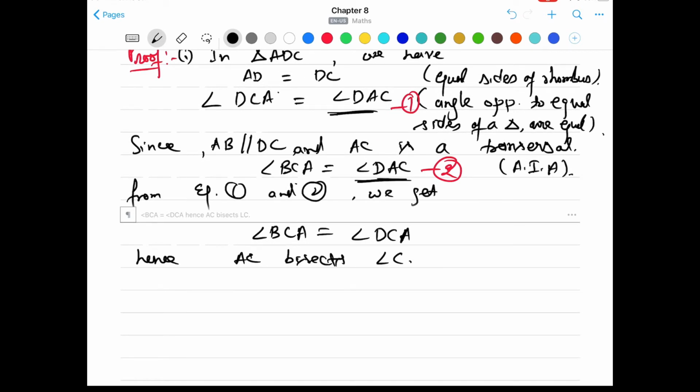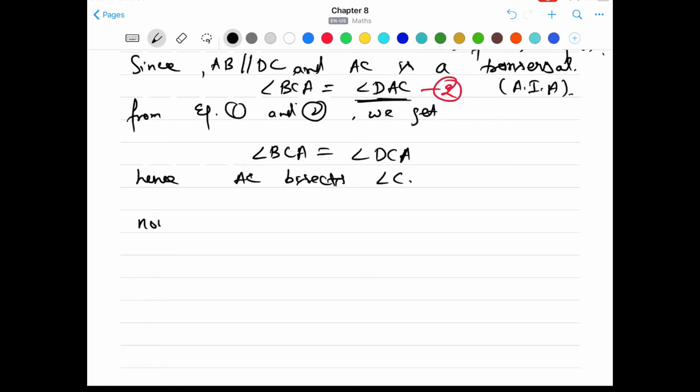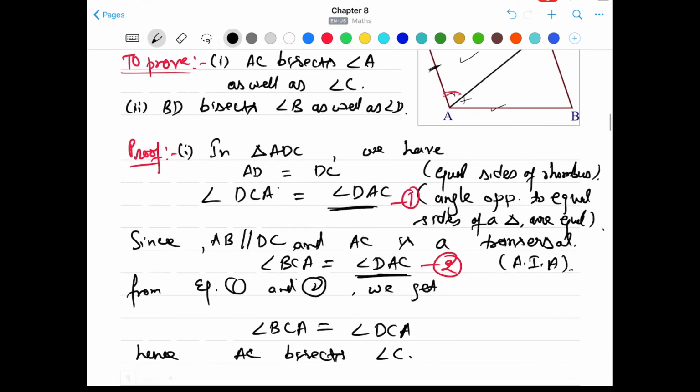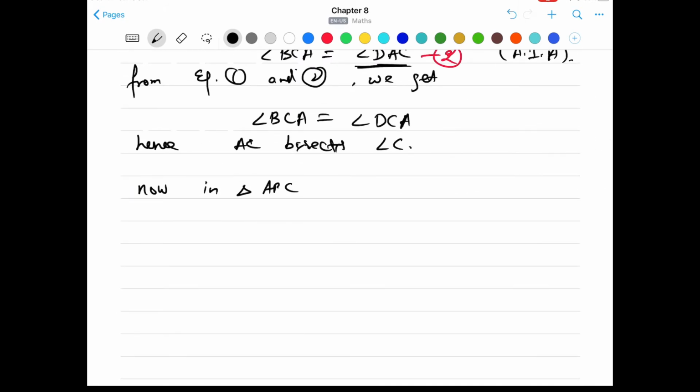Now we have to prove that AC is also bisecting angle A. So we'll write now in triangle ABC. Now we are getting this lower triangle, this one ABC. In triangle ABC we have, in similar way, the side AB is equal to BC because they are the sides of a rhombus.